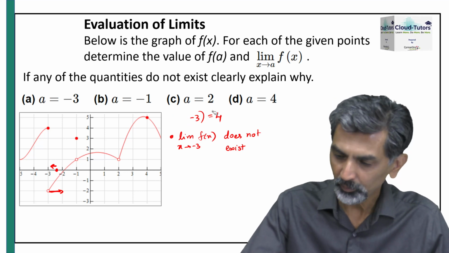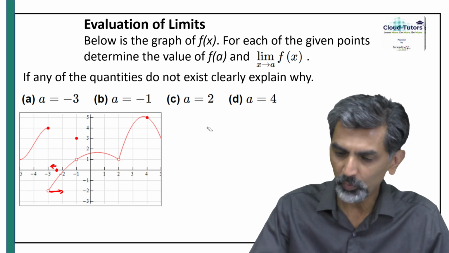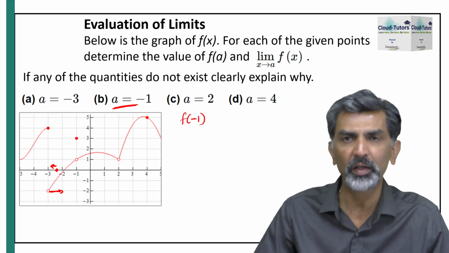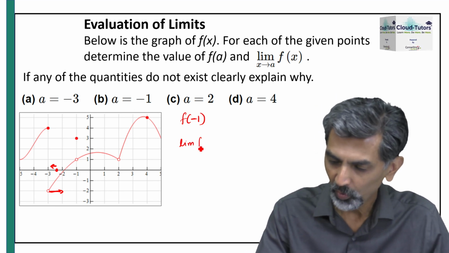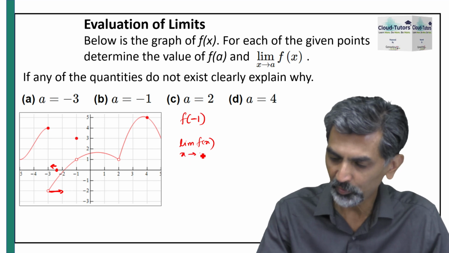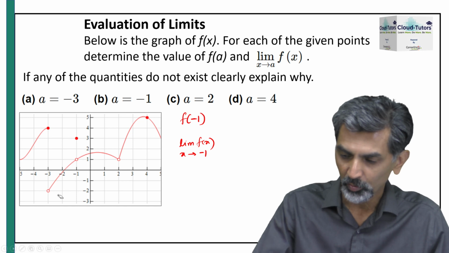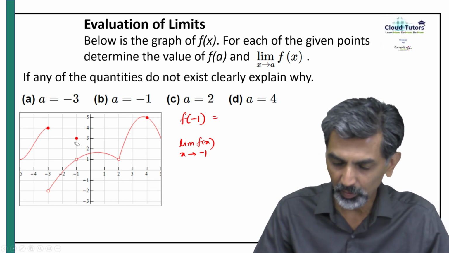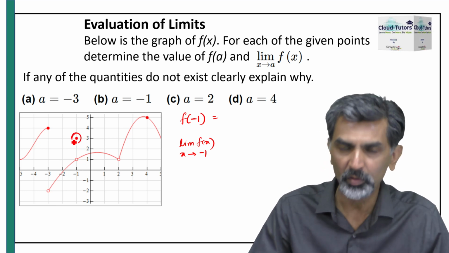And these distinctions are very important to understand before we get to harder questions. What about the next value of a? What we need to do is to find f of negative 1, because the next value of a is negative 1, and we also need to find the limit of f of x as x tends to negative 1. These are the two things we need to do. So f of negative 1 is, if you look at the value of the function, it is here.